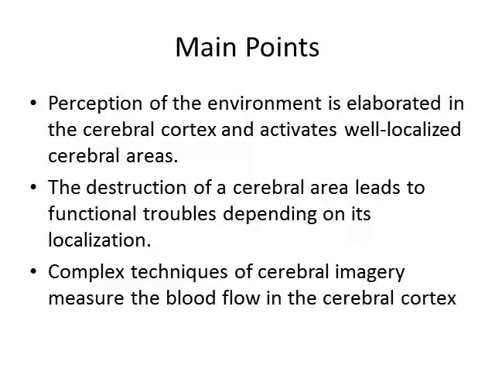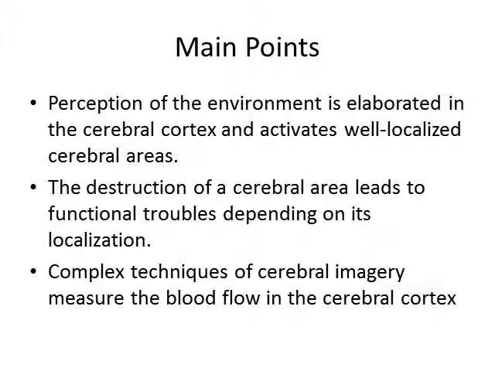Let's imagine, God forbid, that a specific cerebral area was damaged for some reason. The function of the human being that has to do with that specific area will also be destroyed, because we can't have another cerebral area taking over. Each cerebral area is specific to a specific function, like what we saw at the beginning.